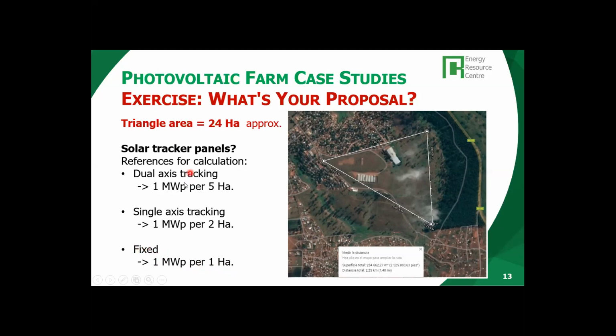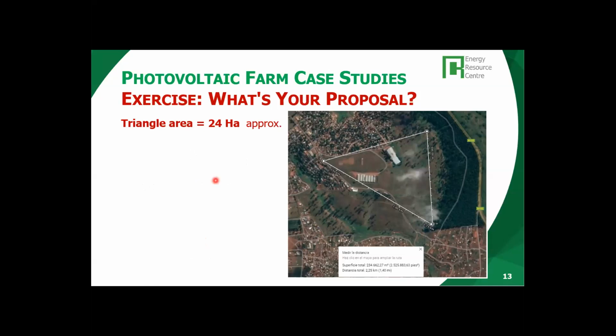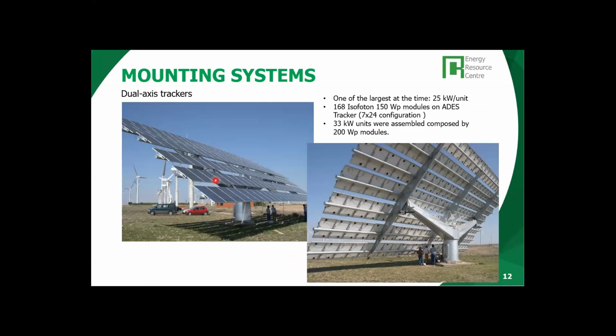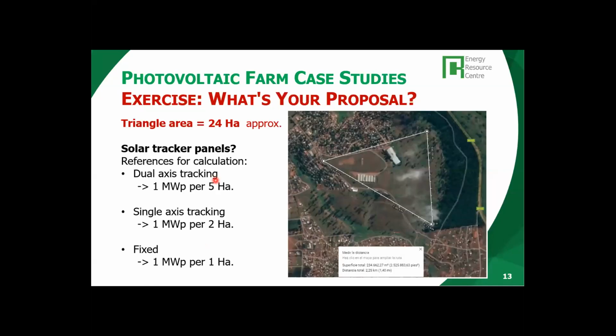But if we use trackers, because they move, they require more spacing in between trackers, so that they don't cast any shade on each other. If we use dual axis, like the example we have shared with you here, we will need to space them much more. So for each megawatt, we will need 5 times more space.